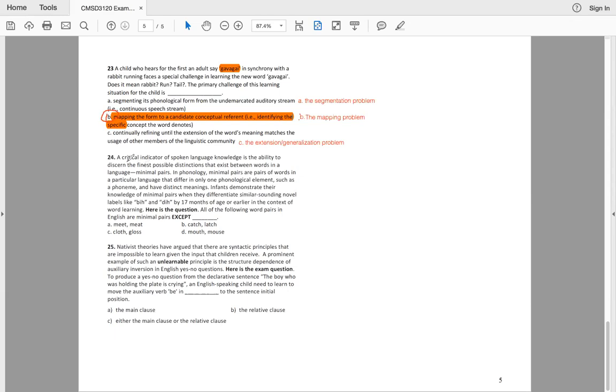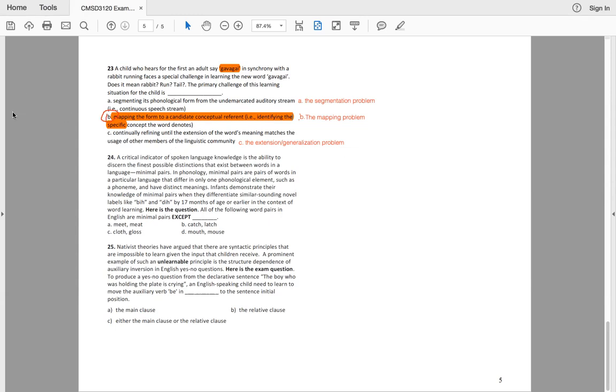24. A critical indicator of spoken language knowledge is the ability to discern the finest possible distinction that exists between words in a language: minimal pairs. In phonology, minimal pairs are pairs of words in a particular language that differ in only one phonological element, such as a phoneme, and have distinct meanings. A minimal pair can also be a pair of words that differ in, for example, tone in a language such as Chinese.